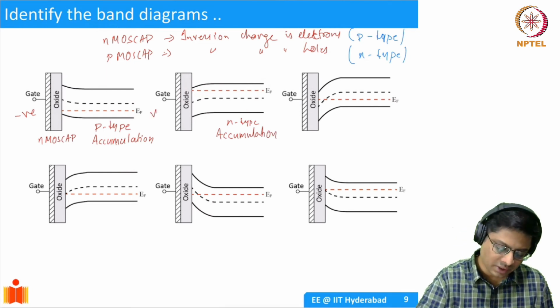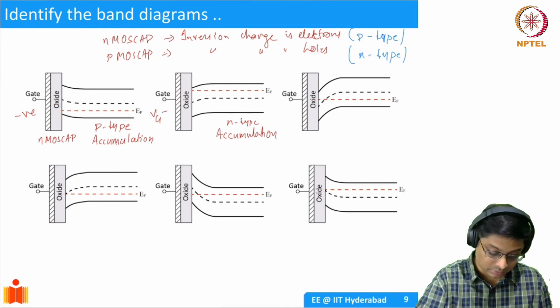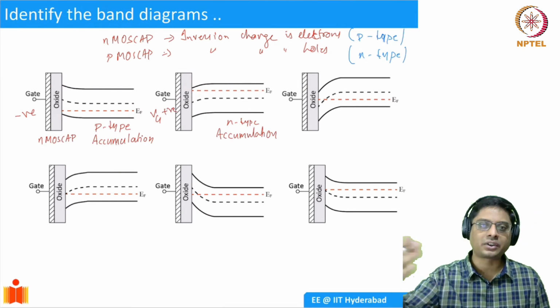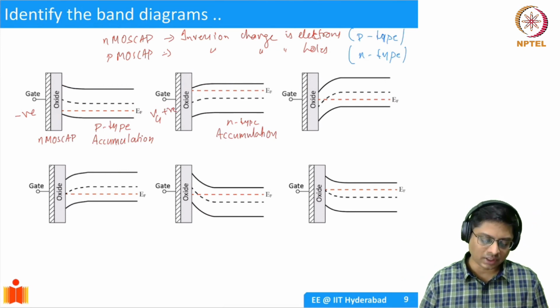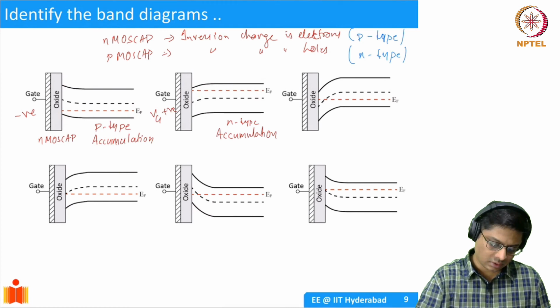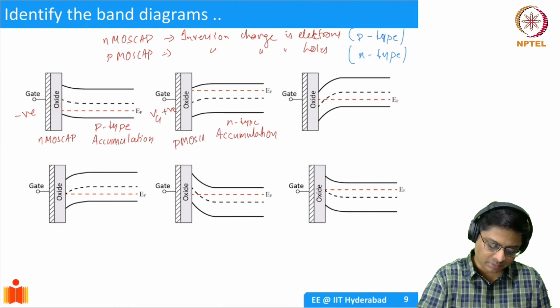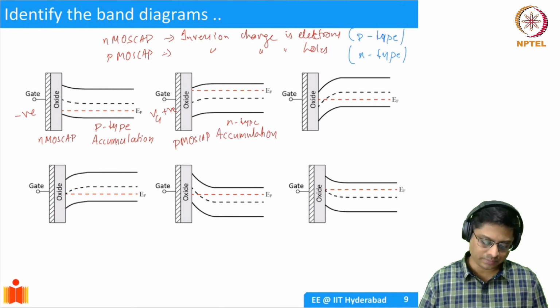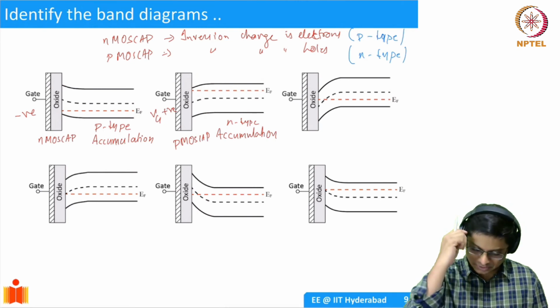When Vg is greater than 0. Vg is positive. If Vg is positive, then it will collect electrons on the other side of the capacitor. So you have N-type, which means it's a PMOSCAP. PMOSCAP in accumulation.